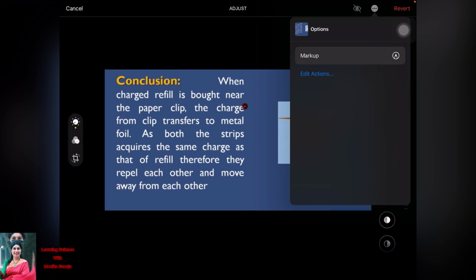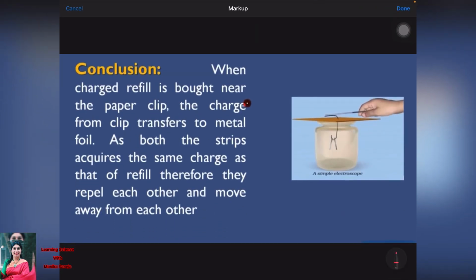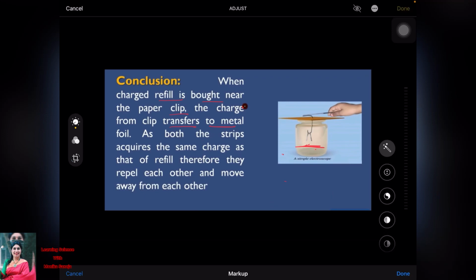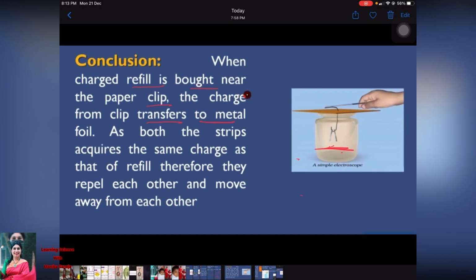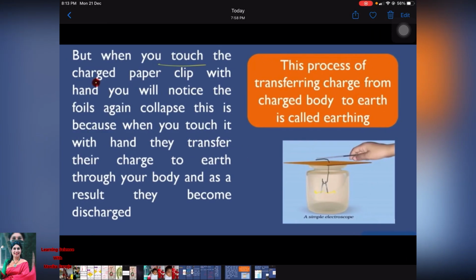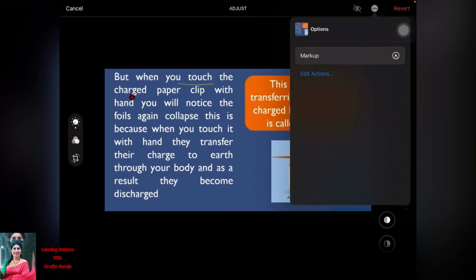What we have concluded from this activity: when a charged refill is brought near the paper clip, the charge from the clip transfers to the metal foil. Both the strips acquire the same charge, that's why they repel each other and move away from each other. Again, the conclusion is that the same charges repel each other.